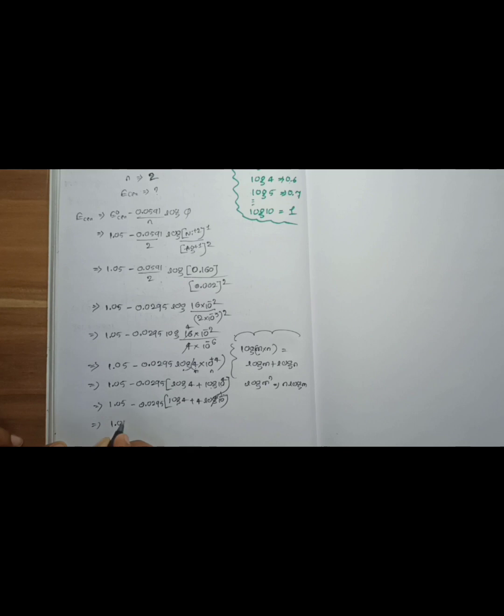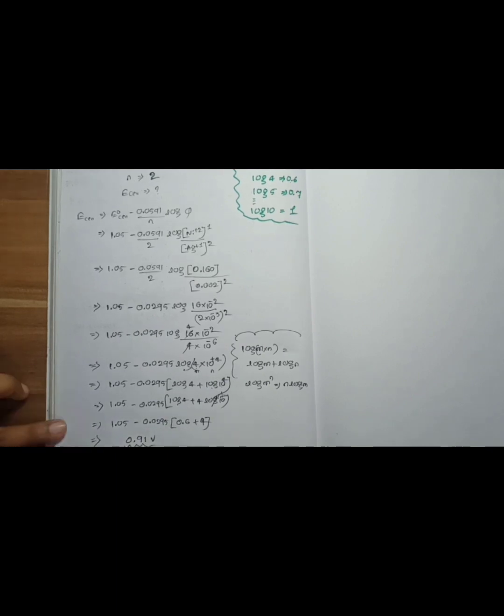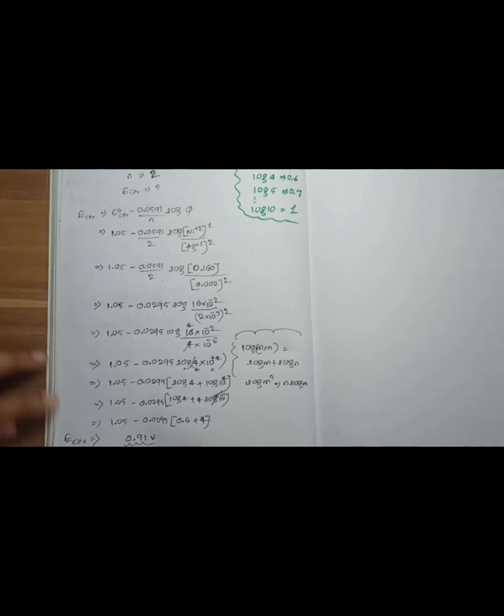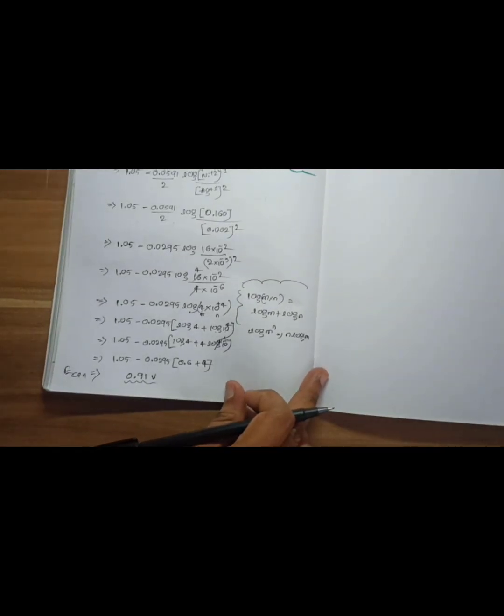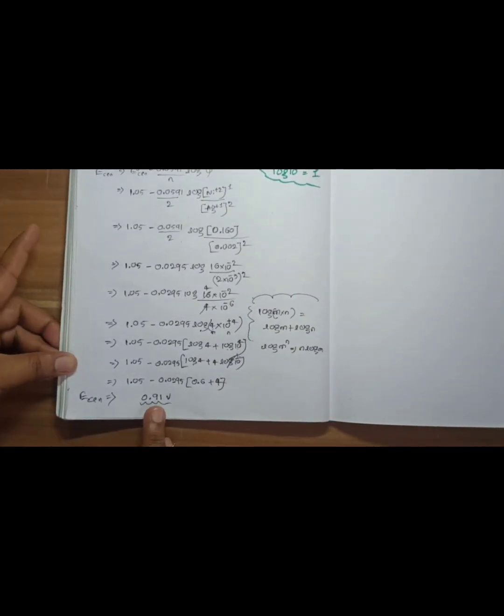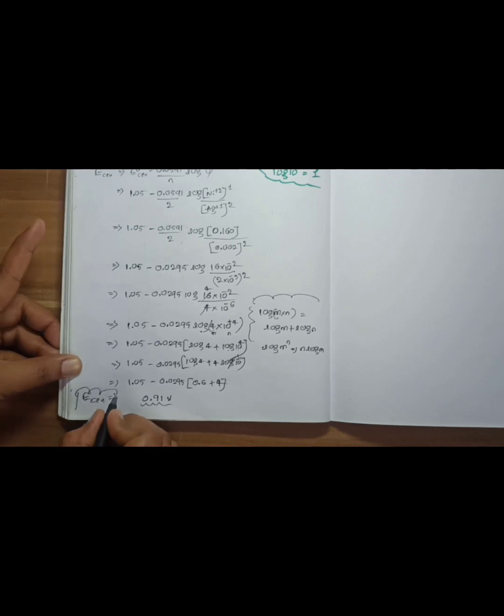After putting in all the data, log 4 value is 0.6 plus 4. After putting in all the data, we will get the last answer as 0.91 volt. This is the EMF of the cell, 0.91. This is the EMF of the cell reaction.